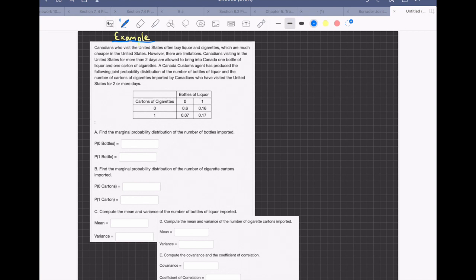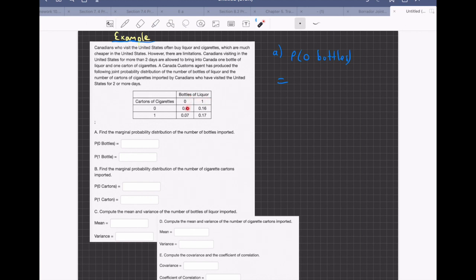And we have bottles and cartons of cigarettes. Find the marginal probability distribution of the number of bottles imported. First, number of bottles. Here, part A, probability of 0 bottles is equal to what? Again, you have to add over all the values when the value for the variable bottle is 0.